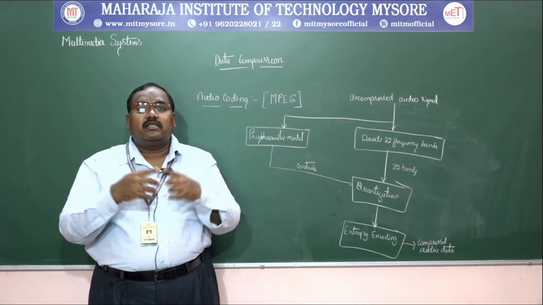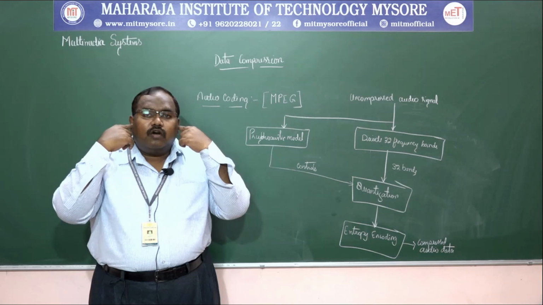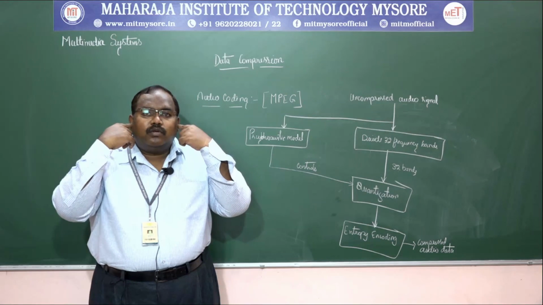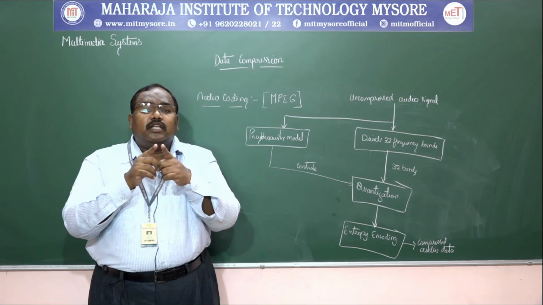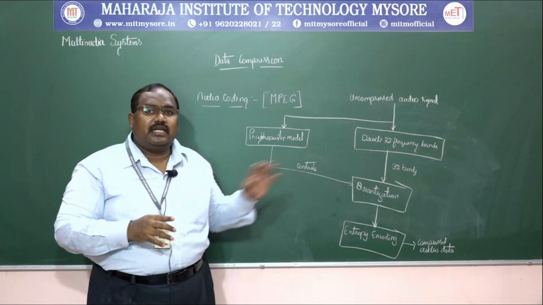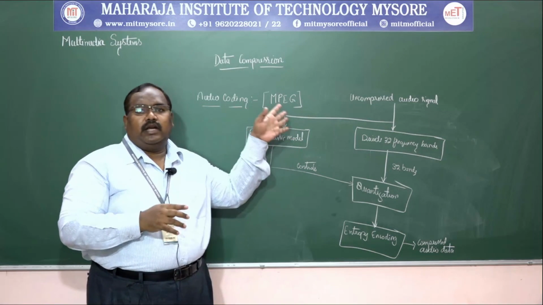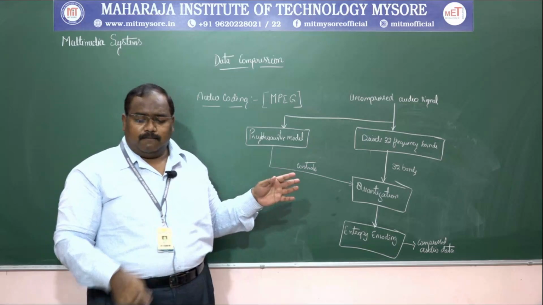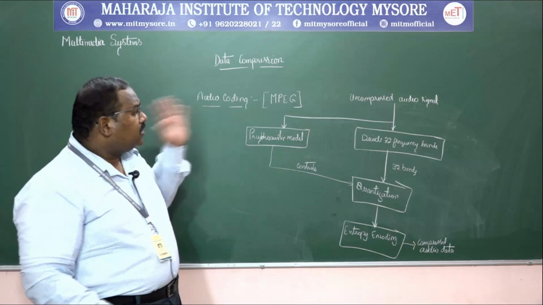In some other cases, you get an equal amount of sound level at both earphones. So it is not the fault of the earphones or the headphones, it is the compression technique that has been deployed there. So this is about the audio coding.